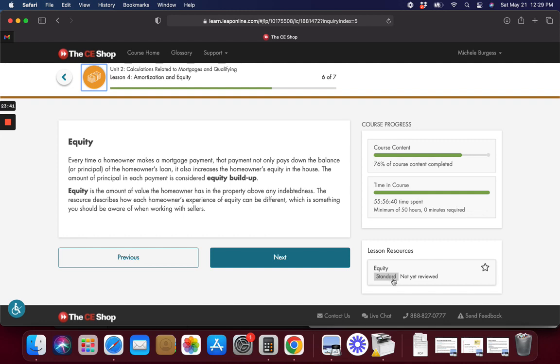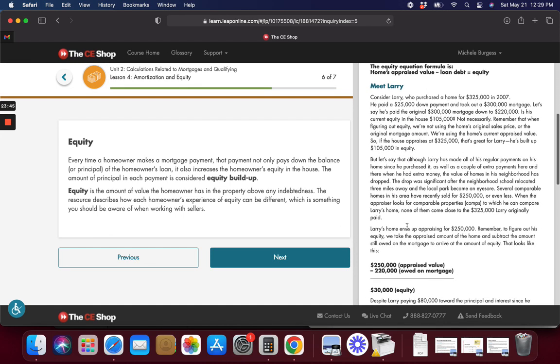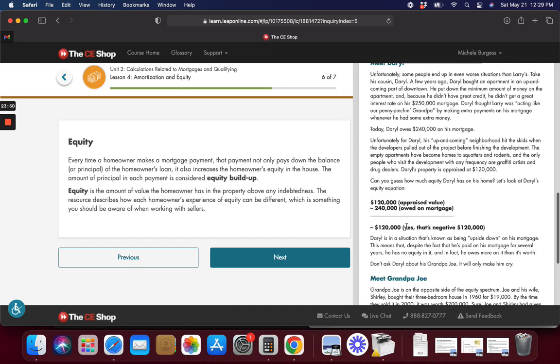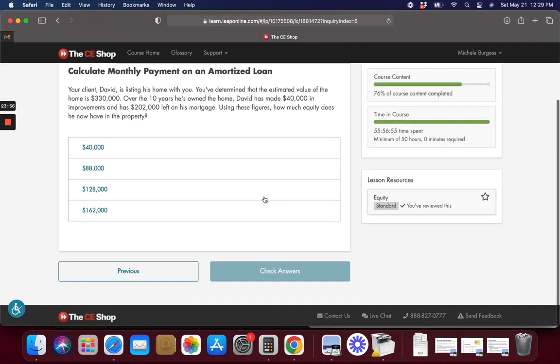Equity buildup. So the equity formula is the appraised value minus your loan debt is your equity. Okay, so whatever you made on the house. All right, over 10 years you own the home, you made $40,000 in improvements, and has $202,000 left.